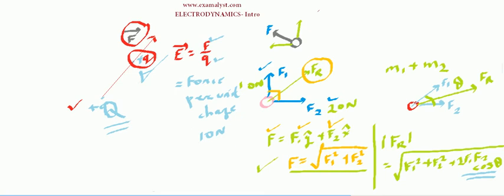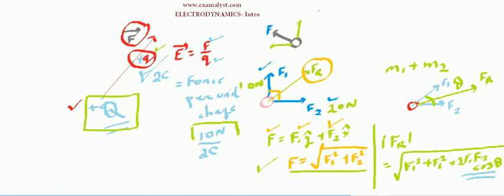Say this small plus q is 2 coulomb, so the test charge is actually 2 coulomb.